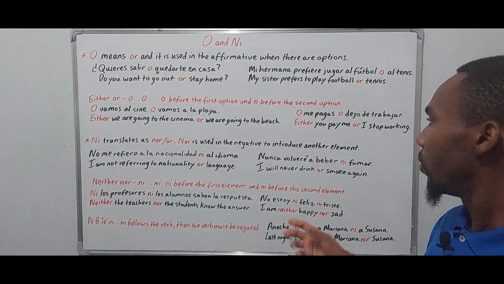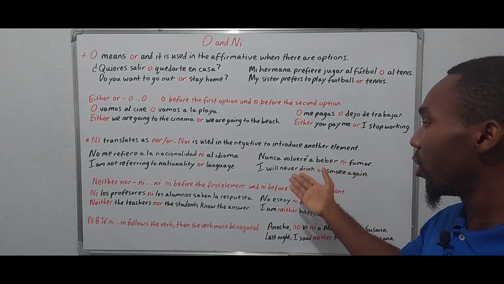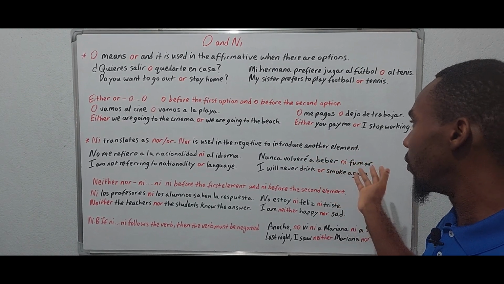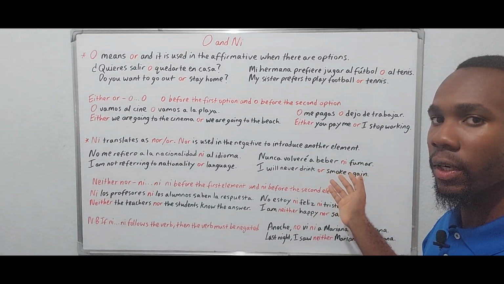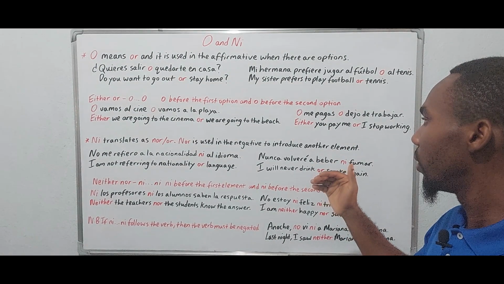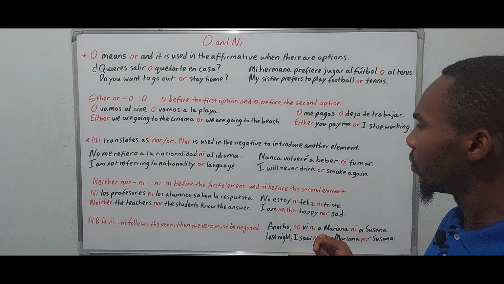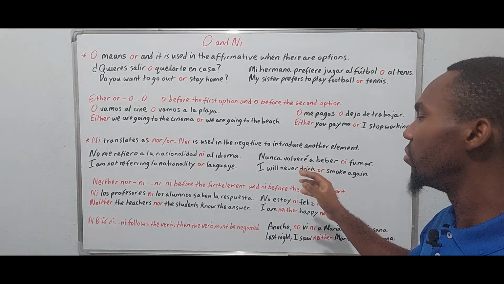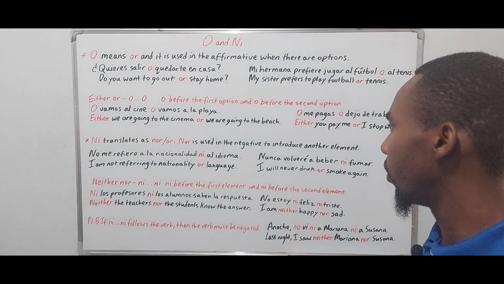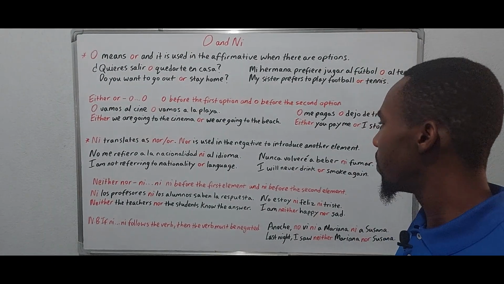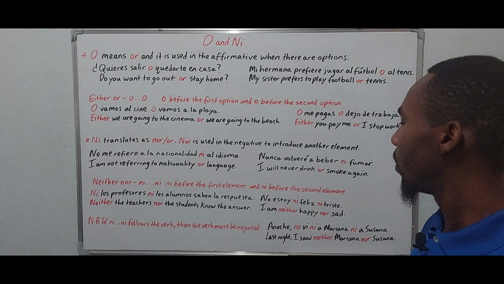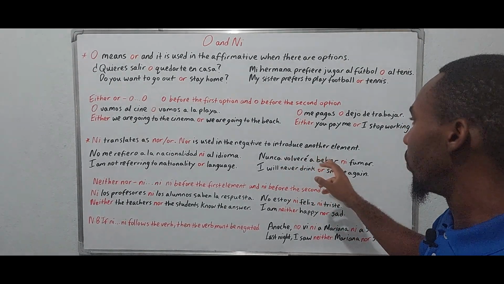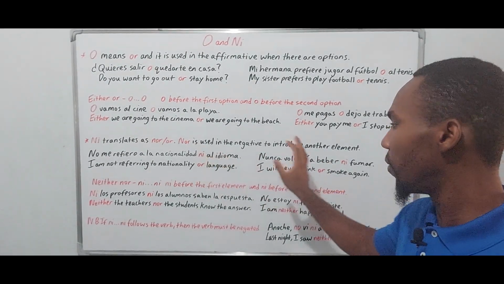Same thing here. So I could also say nunca volveré ni a beber ni fumar, right? That would be, well, no. No, scrap that. But yeah, once the verb is negated, that would work for this one, but not for this one.